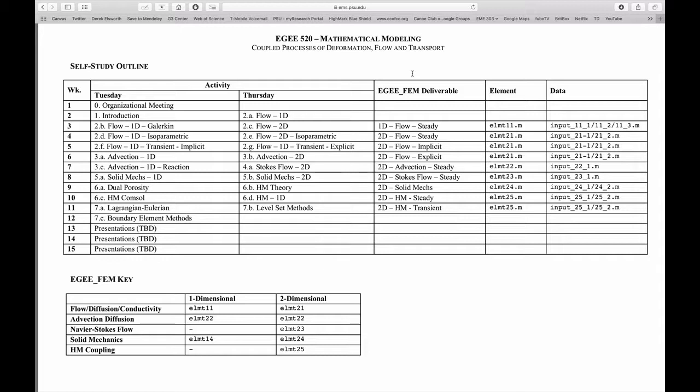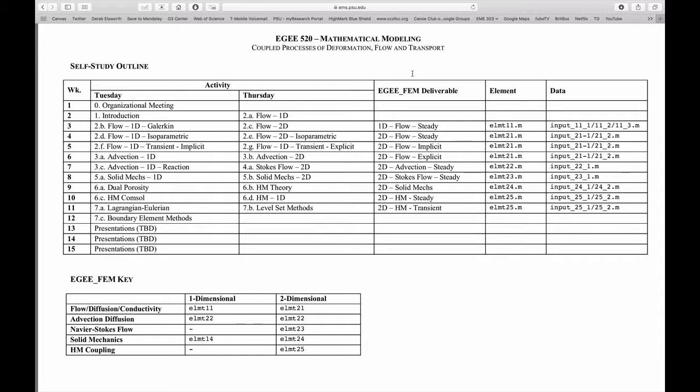But you'll notice that these numbers correspond to each other. So the secret coding here is that in all of these, the first digit represents the dimensionality of the problem. So this is one dimension, two dimensions, two-dimensional, two-dimensional.